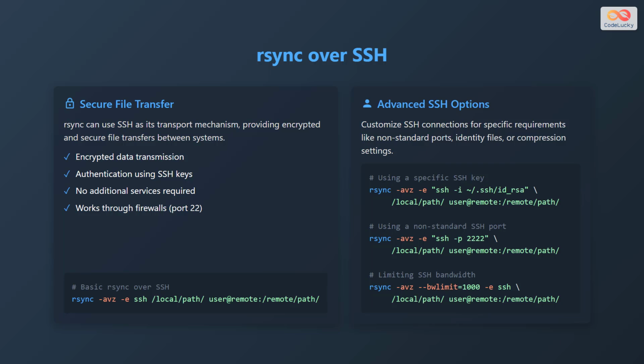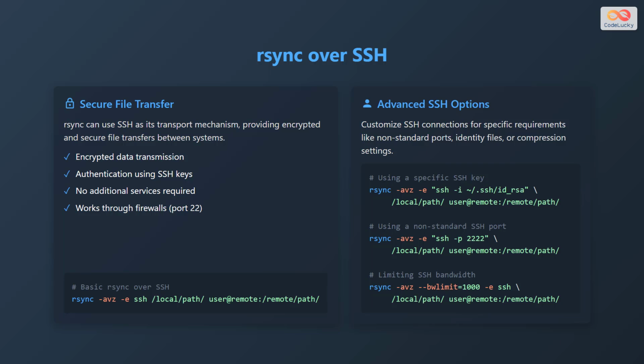Customize SSH connections for specific requirements such as non-standard ports, identity files, or compression settings. To use a specific SSH key, use the command rsync -e ssh -i /ssh/id_rsa followed by the local path and the user at the remote path.